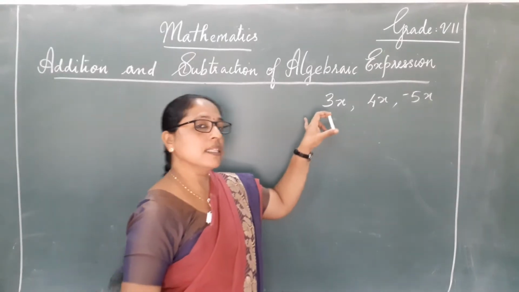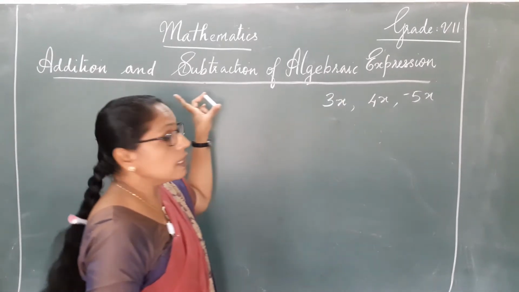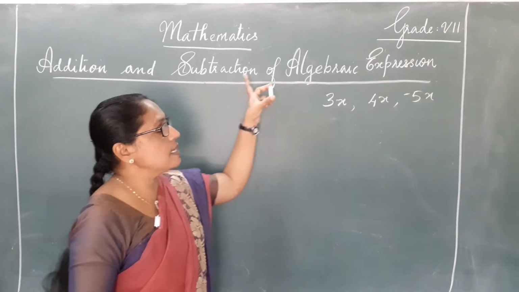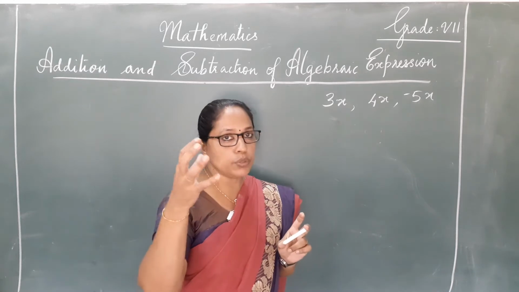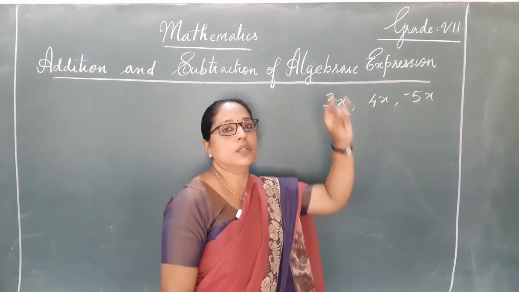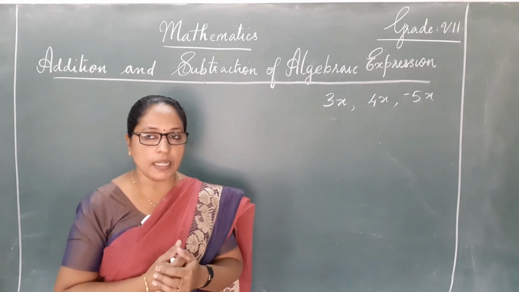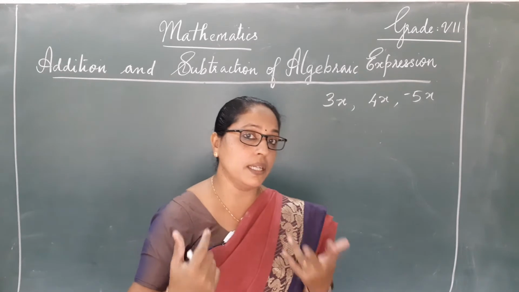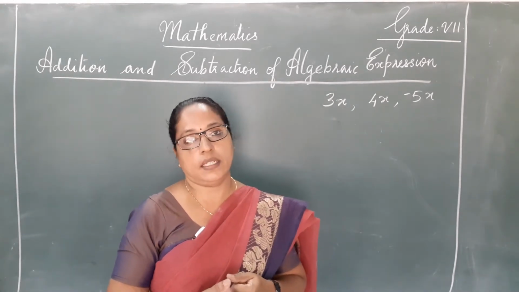Why am I telling this again? Because we are going to learn addition and subtraction of algebraic expressions, and to do that we need the like terms concept. Addition or subtraction can be done only when the terms are like terms.